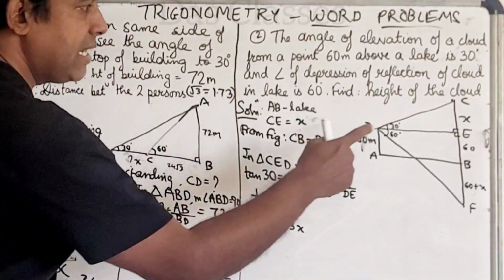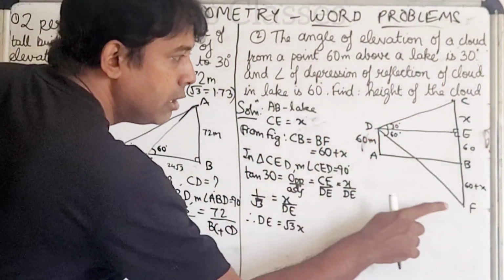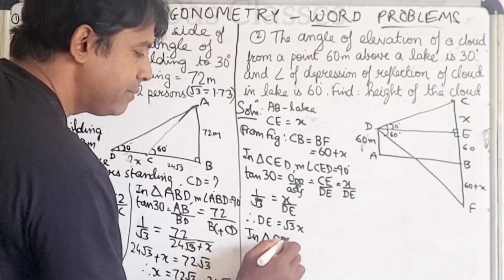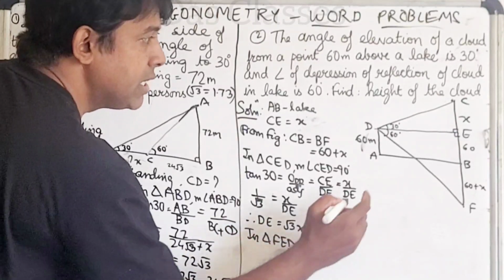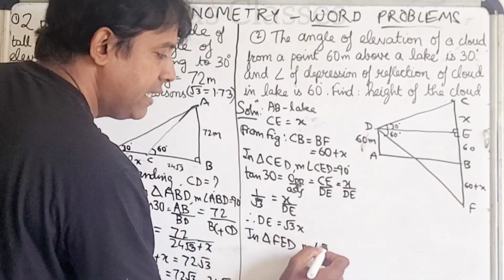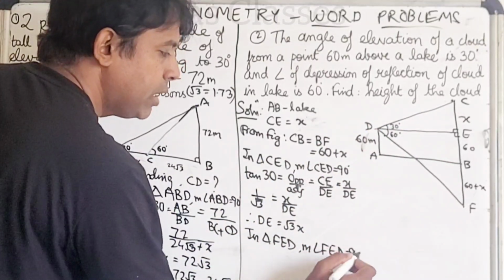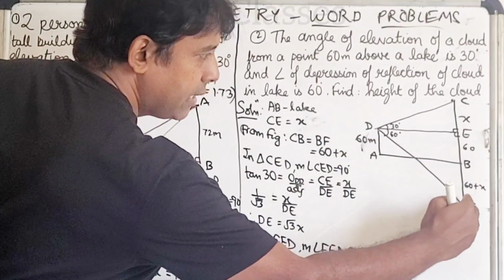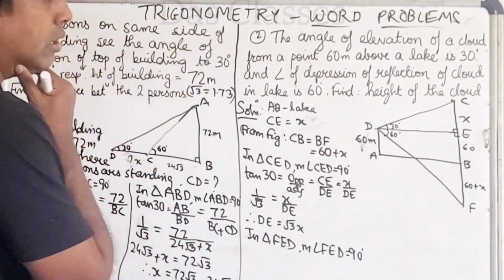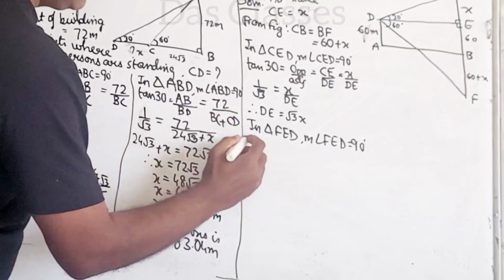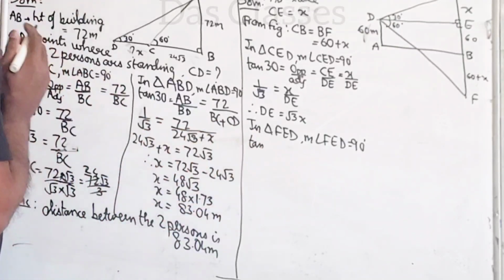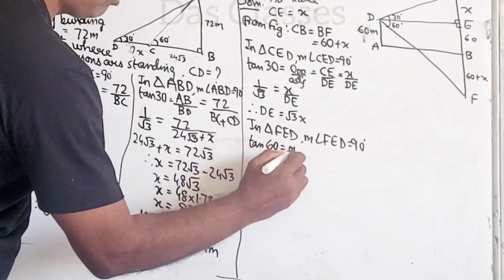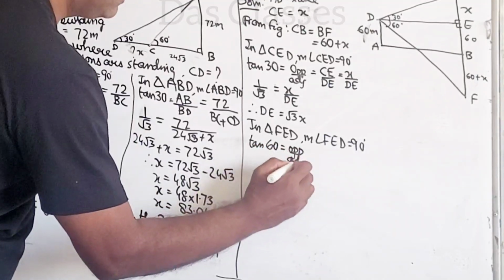Now in triangle FED, measure angle FED is 90 degrees. Same thing again, I want the opposite and the adjacent. So tan 60 is opposite upon adjacent side.